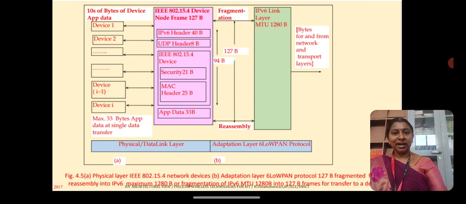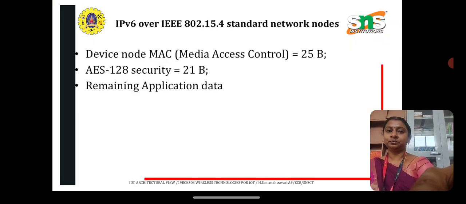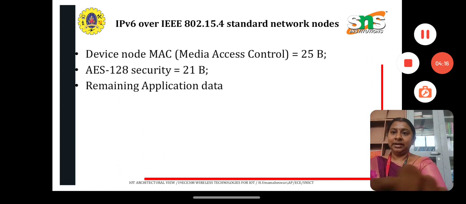Finally the fragmented data is reassembled in this part. Then the device node consists of a media access control of 25 bytes, then AES authenticated encryption security, which consists of 21 bytes of data, and the remainder is application data.